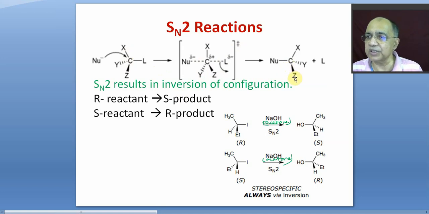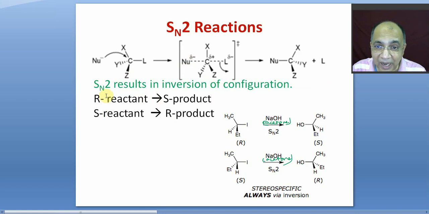This is called inversion of configuration. If the reactant is R, the product is S. If the reactant is S, the product is R. There is always a 100% inversion of configuration if it is strictly SN2. So in that case, it is stereospecific.